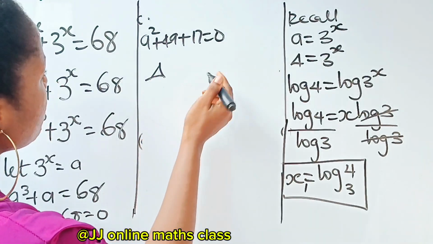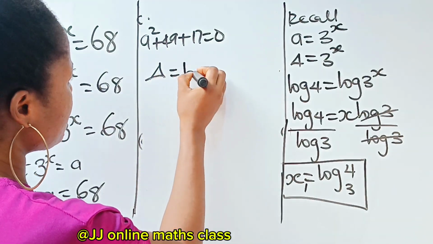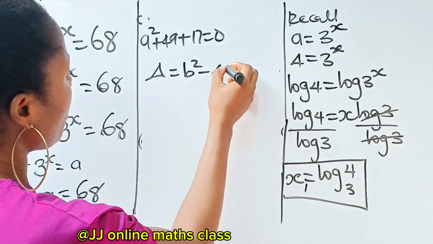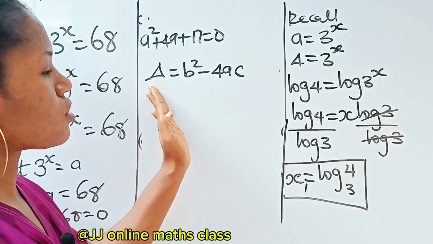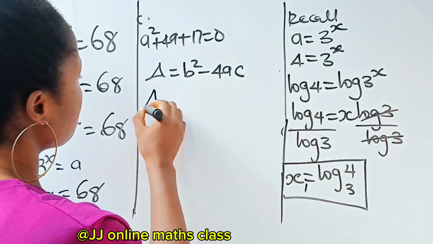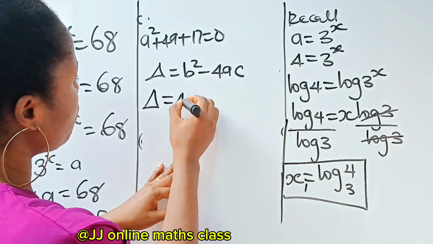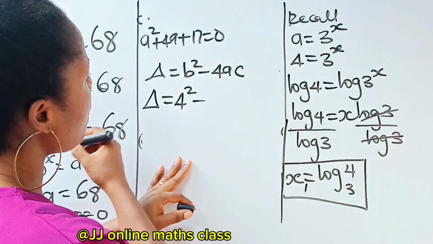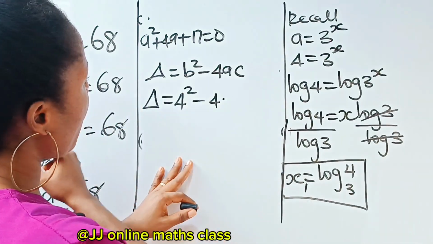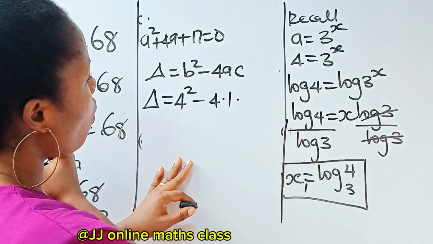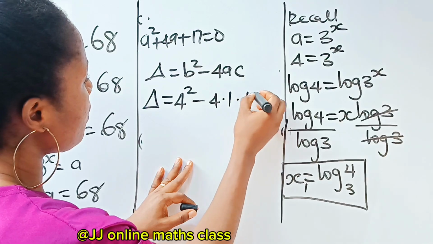So using the discriminant, we can see that the discriminant is b squared minus 4ac. This is equal to our b, the coefficient of a, which is 4. So it's going to be 4 squared minus 4 multiplied by our a, which is 1, while our c is 17.